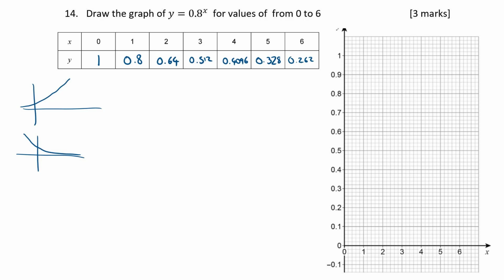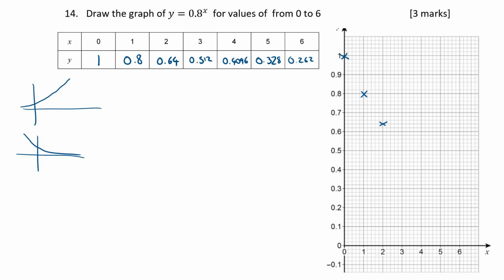It's that point up there. When x is 1, y is 0.8. There. When x is 2, y is 0.64. So each one of these little squares is going to be 0.02, isn't it? So 0.64 is going to be there.